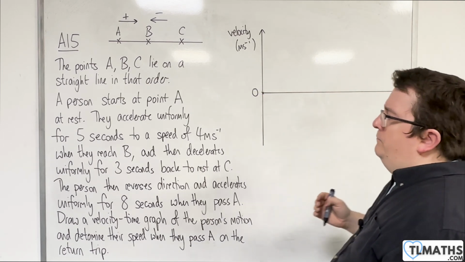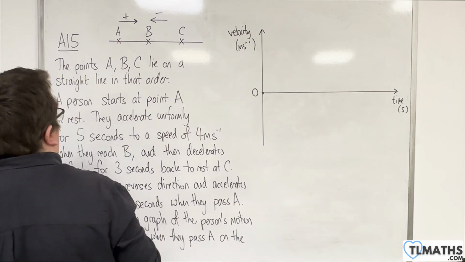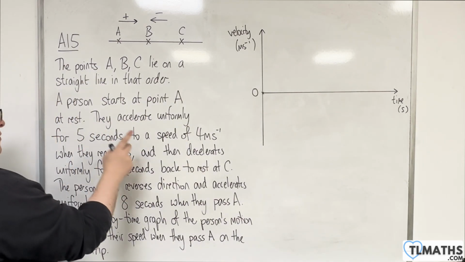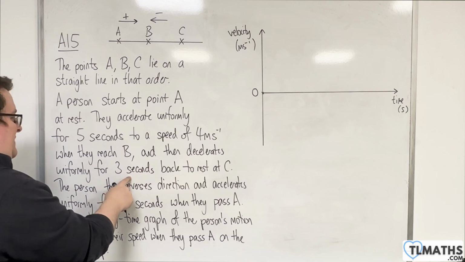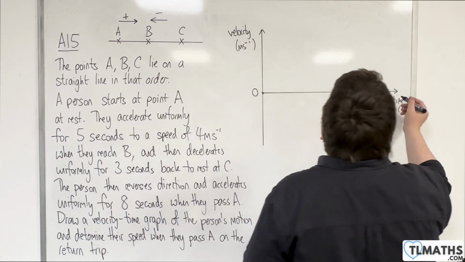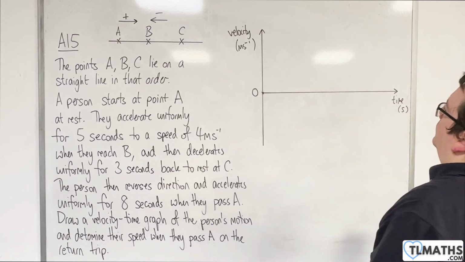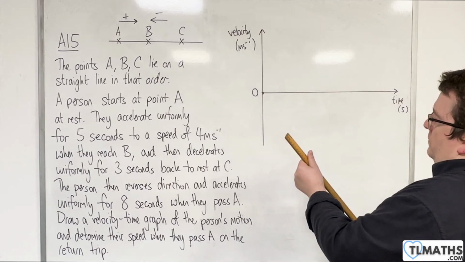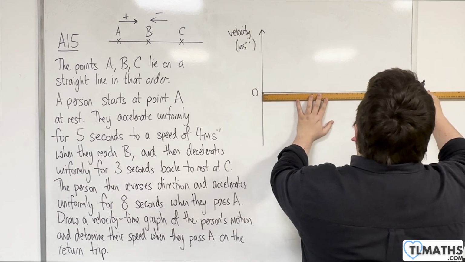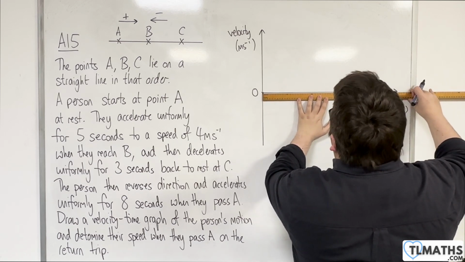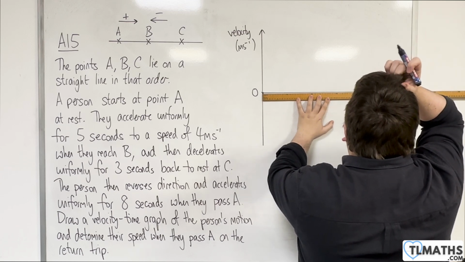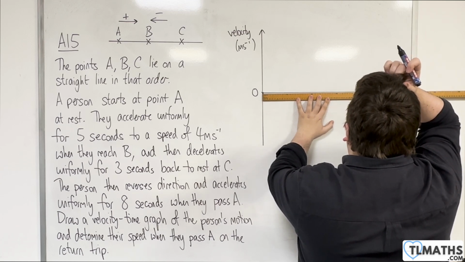So the total amount of time, we're going to have 5 seconds, then 3 seconds, that's 8 seconds, then 8 seconds to get back, so 16 seconds. So this total here has got to be 16 seconds. Okay, so I'm not going completely overboard, let's try and do this reasonably accurately, shall we?